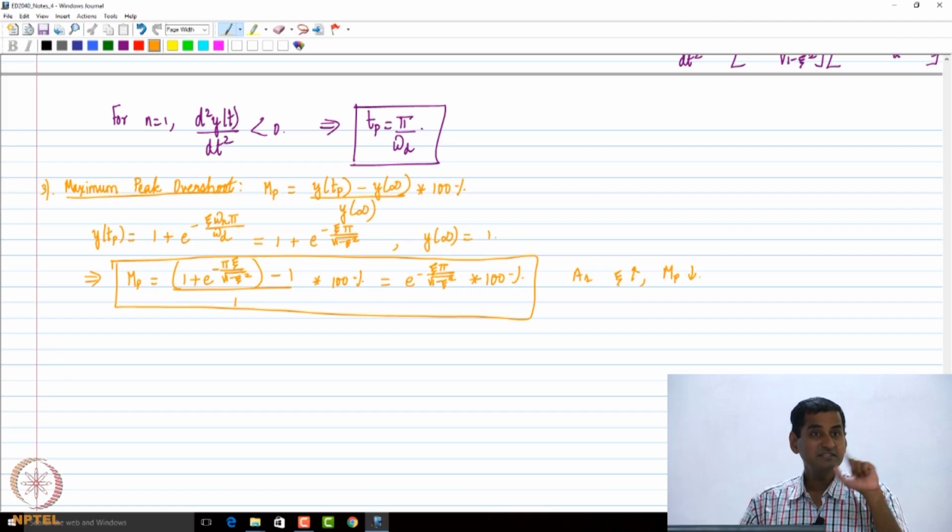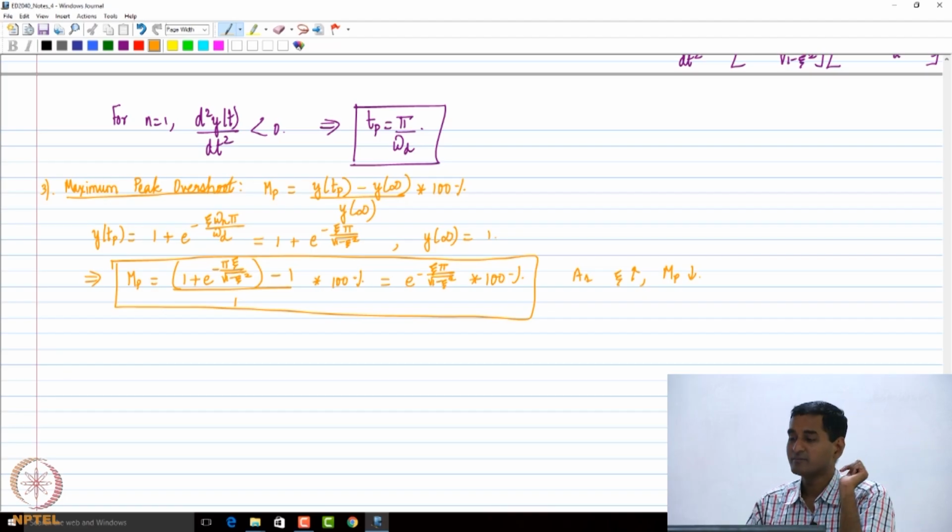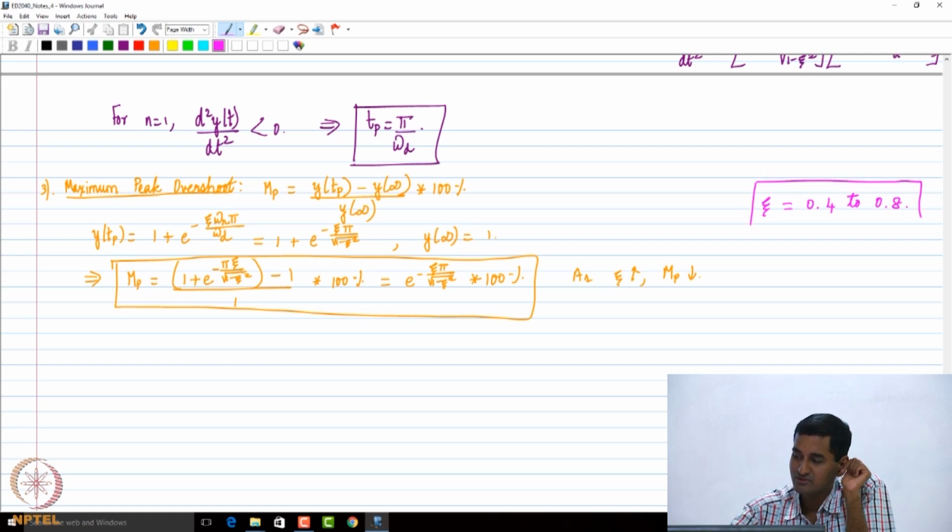So rise time and peak overshoot are two conflicting requirements, and considering these, as a rule of thumb, by and large we design second order systems with damping ratios between 0.4 and 0.8.